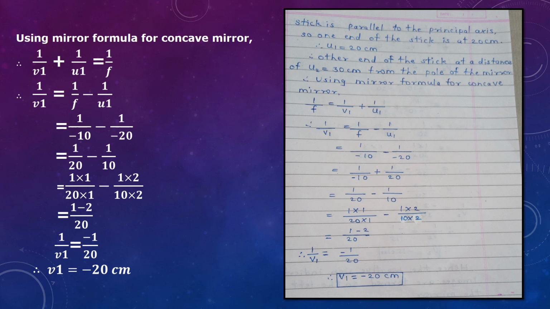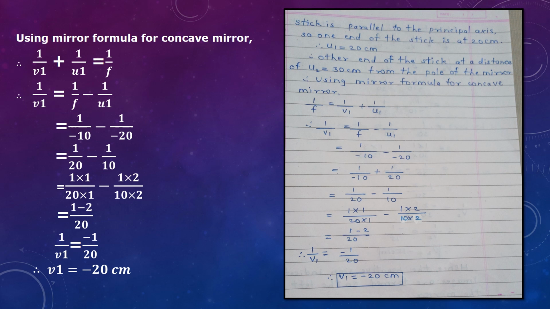So 1 into 1 upon 20 into 1 minus 1 into 2 upon 10 into 2. So it will be 1 minus 2 upon 20. So 1 upon v1 is equal to negative 1 upon 20, because 1 minus 2 is negative 1 upon 20. So by taking the reciprocal of this, v1 is equal to negative 20 centimeter.